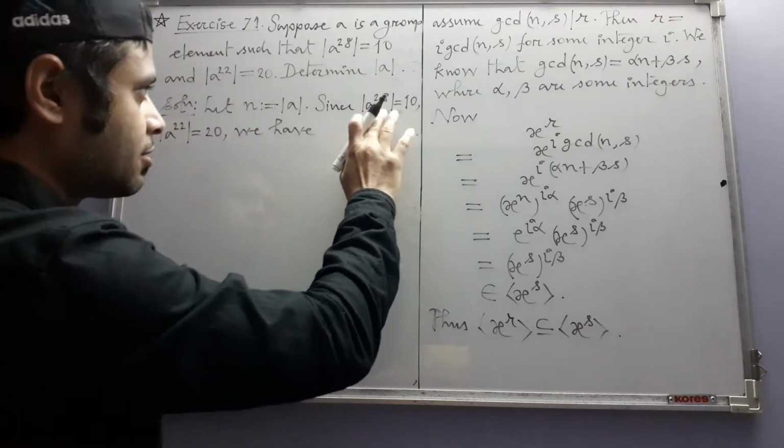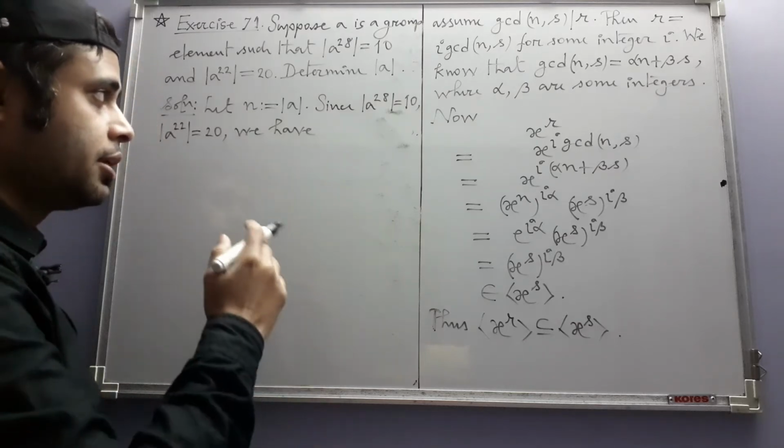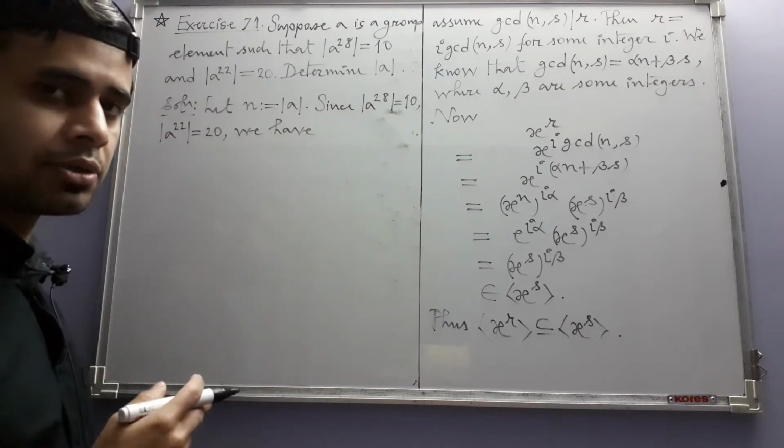First of all, order of a to the power 28 is 10 means the 10th power of a to the power 28 is the identity and no smaller power is the identity.